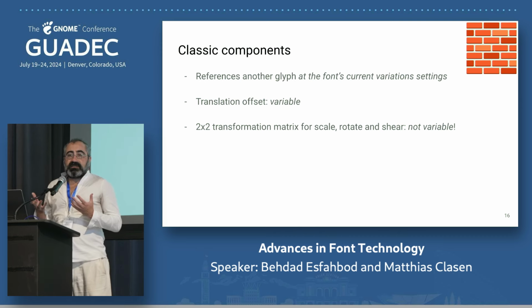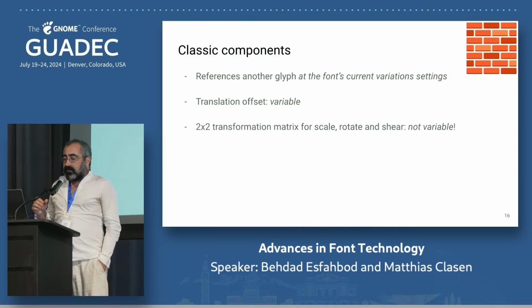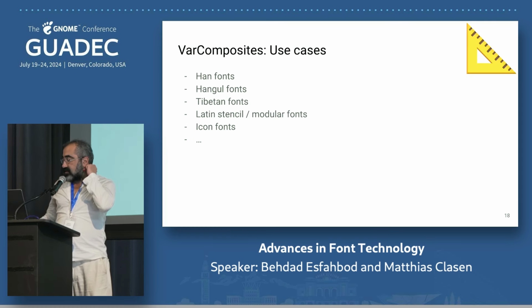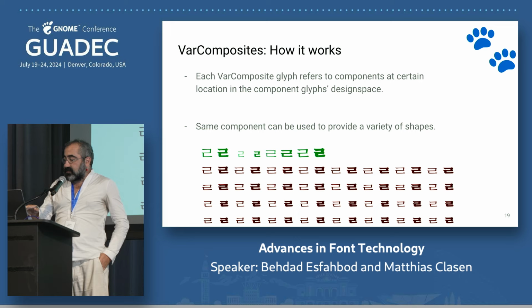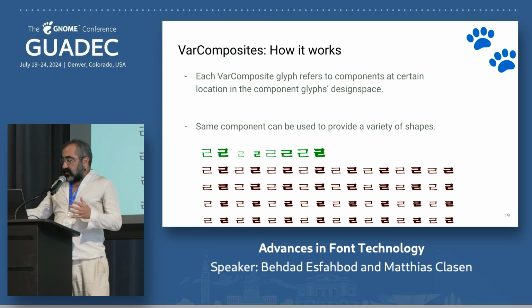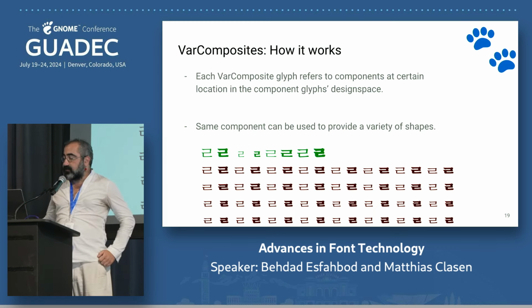So historically, in a font, you can build a shape for one glyph out of components that come from the font, but these components are static shapes. With variable components, we can use the same glyph, but at different variation scales. So what this means is that, for example, here, the green shapes are what the font contains, and then by interpolating between them, you can create all the different shapes that are slightly different, but you can't probably see them.